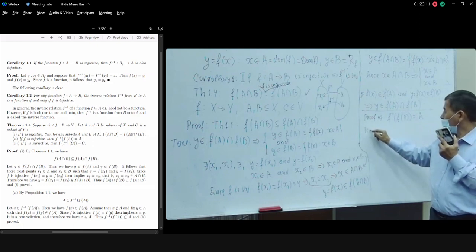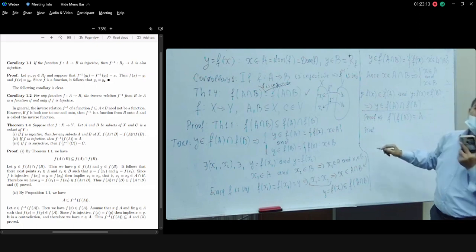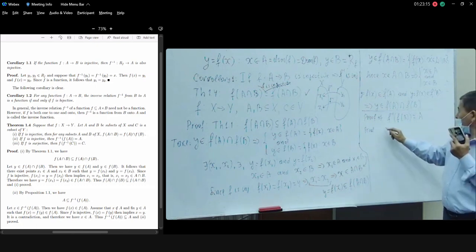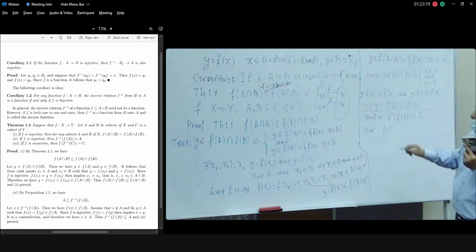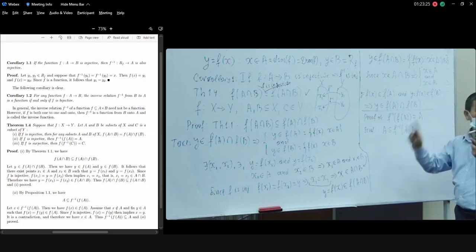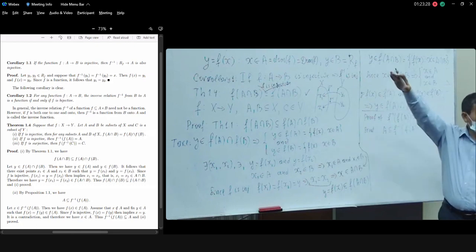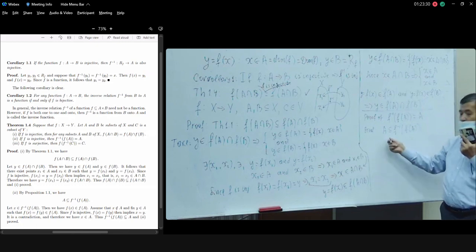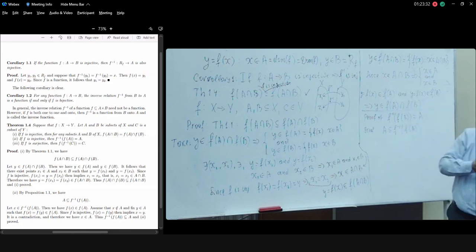Proof. So this one is given: A is a subset of f minus 1 of f of A. This one is given from the previous statement, proposition 1.1.